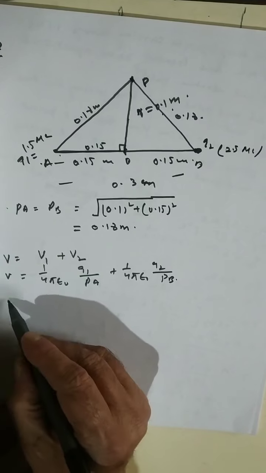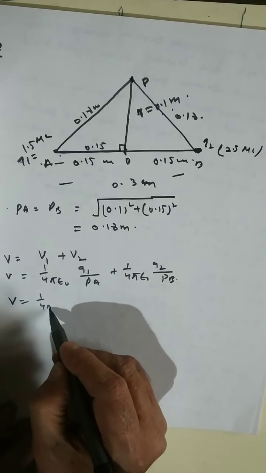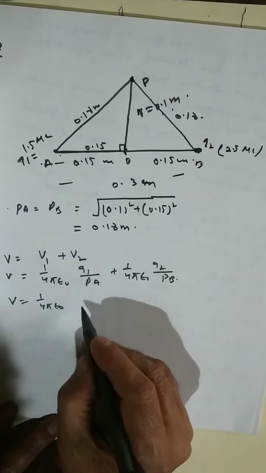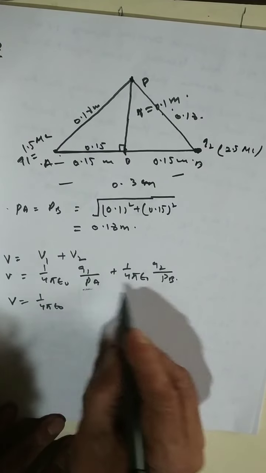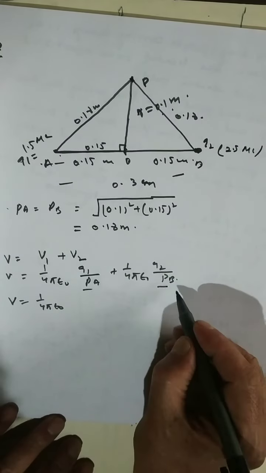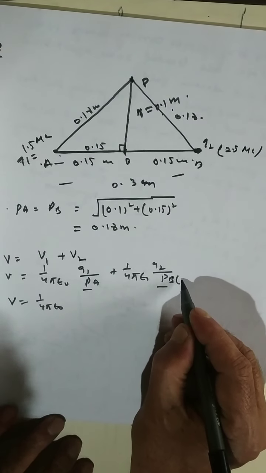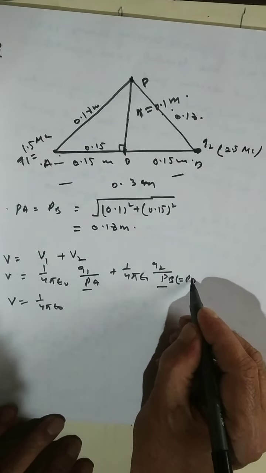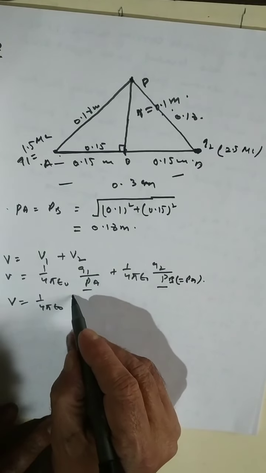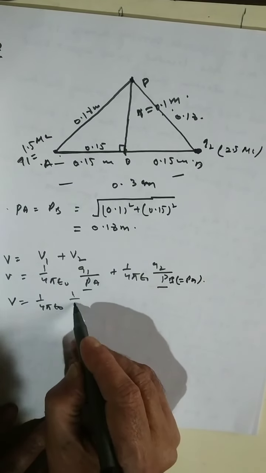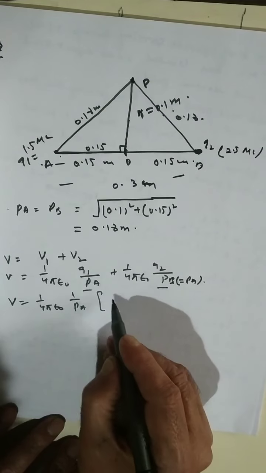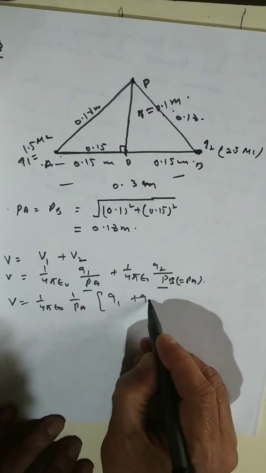So we take 1 by 4 pi epsilon 0 common. Because PA is equal to PB, we can write it as PA also, so we can take 1 by PA common.